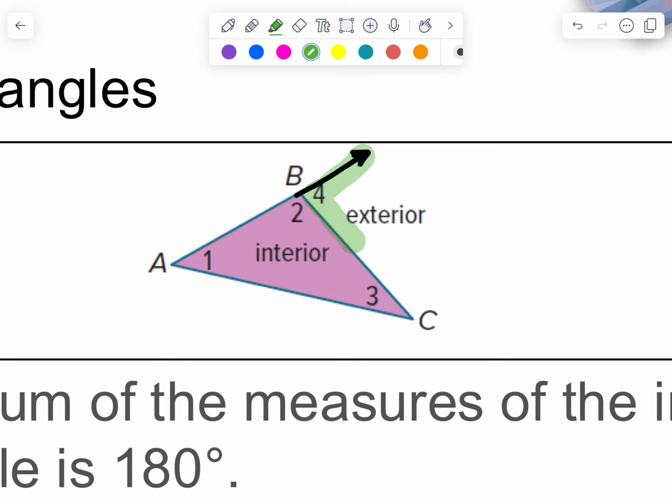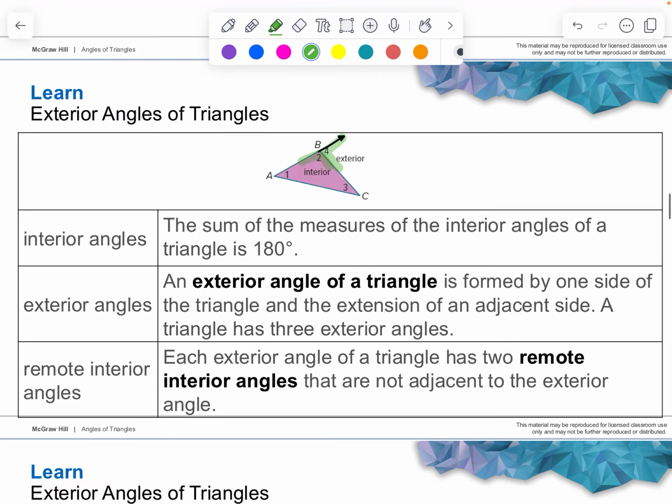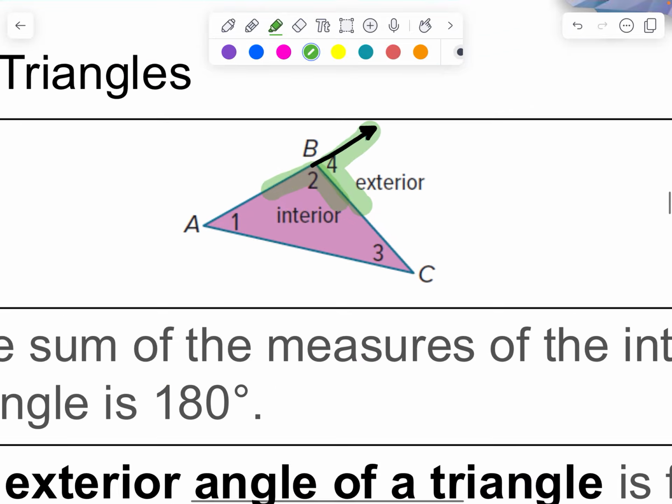That's your exterior angle. And you'll notice that it always makes a linear pair right there, okay? With one of the interior angles.